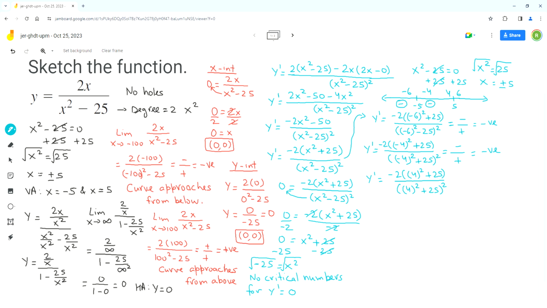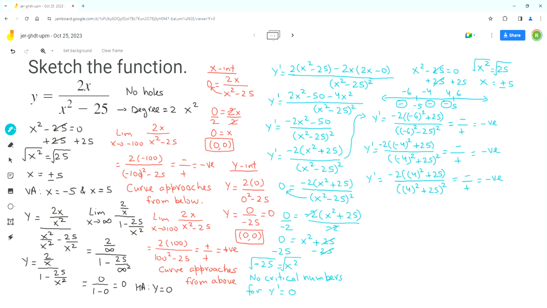So again we'll get a negative result in the numerator because 4 squared plus 25 will give us a positive result, times -2 will be a negative, and the denominator is positive, so the result is negative. That means the function is decreasing on the left side of critical number x equals 5.